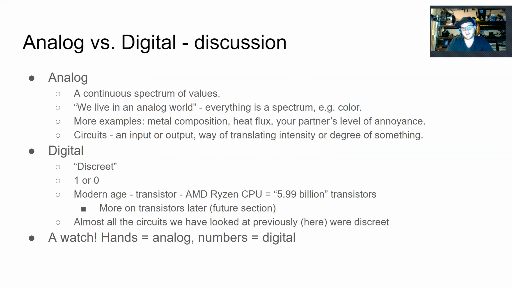Just off the top of my head, some more examples of these are metal composition, right? You can purify a metal, say iron, but it's still going to have trace elements of other things. So anytime you have a metal sample, that's really an analog value, because even if it's purified, it still has trace amounts of other things. Another example would be heat flux.